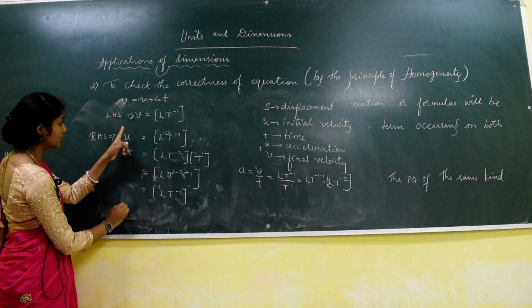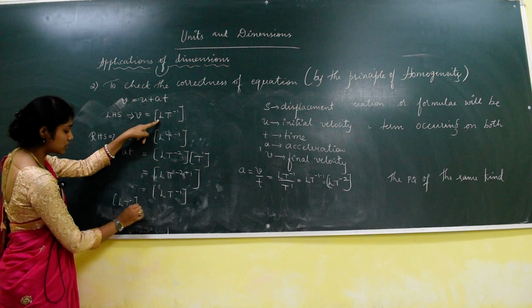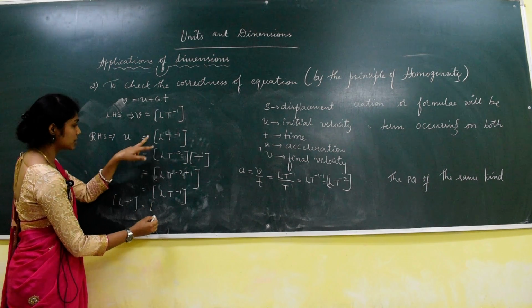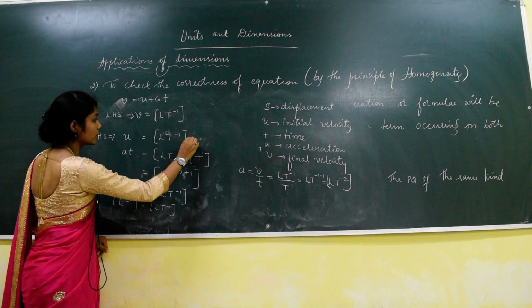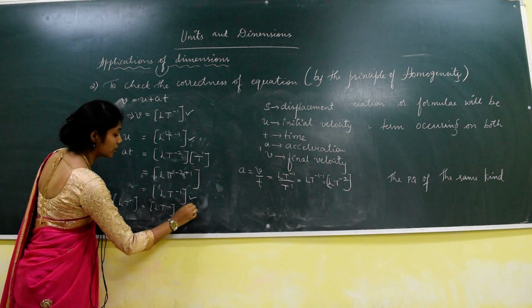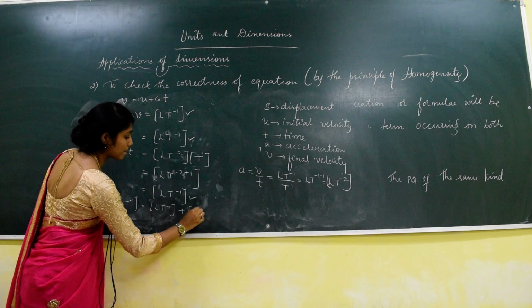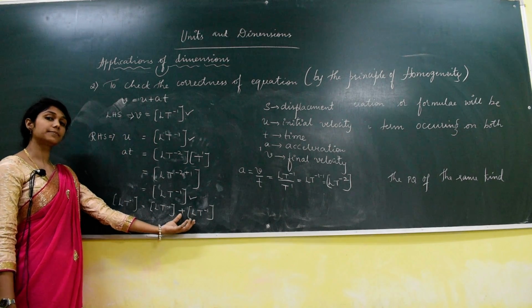LHS alone contains LT minus 1. This is equal to, RHS has two terms, LT minus 1, plus LT minus 1 again. So LT minus 1, LT minus 1.